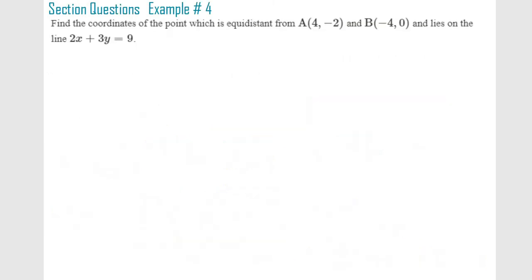All right, so let's start this problem. I feel like this problem might trip some people up. So here we've got some point that's equidistant to both of these, and is also on this line. So it's important to realize that if I have points A and B, all the points that are equidistant are going to be along that perpendicular bisector.